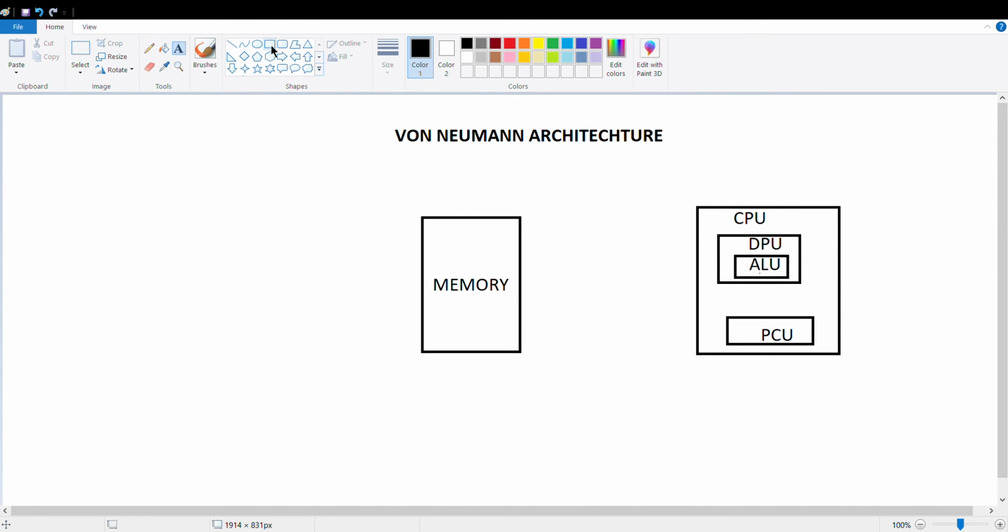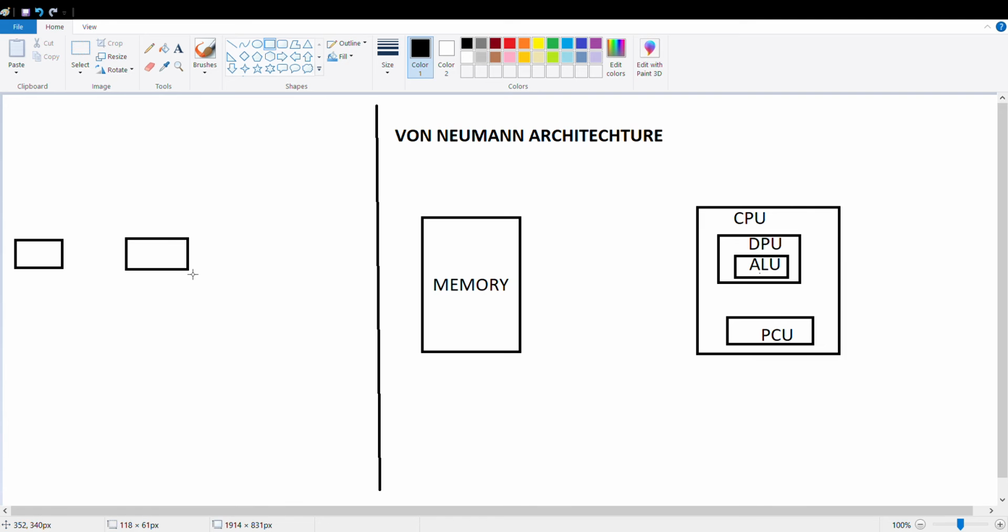Okay, before going into detail on the von Neumann architecture, let me explain how I drew this memory block and CPU, so we have to know the first thing, that is digital computers. Let me draw it first. This is the CPU and this is the RAM.